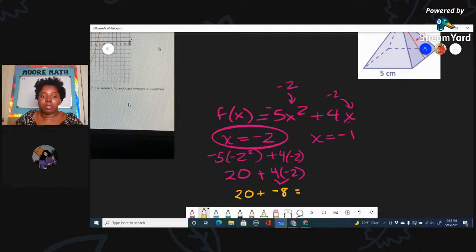Oh, okay. So this makes more sense now. So 20. Wait, I thought it was negative 20 though. You're right. Just kidding. Good job. Good eye. Negative 20 plus negative 8 would be negative 13.